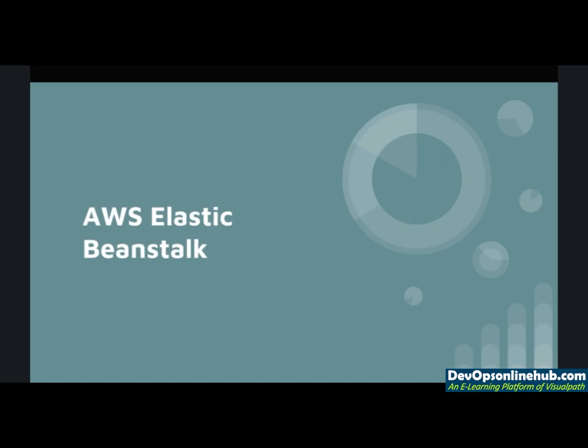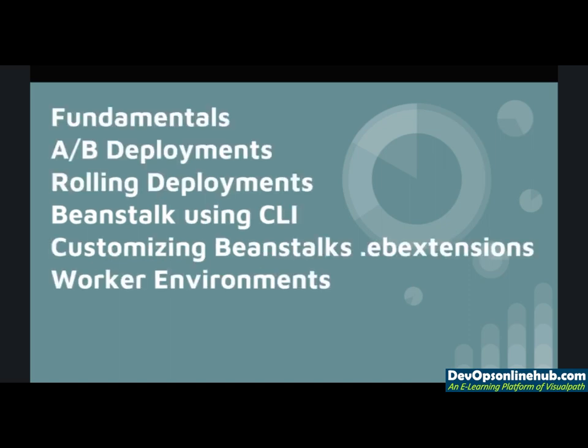So in this section, we're going to see the fundamentals of AWS Elastic Beanstalk, like how to create a Beanstalk and how to upload your code to Beanstalk. Then we're going to see how to do A/B deployments for Elastic Beanstalk, and how to do rolling deployments. Then we'll see how to use Elastic Beanstalk from the CLI.